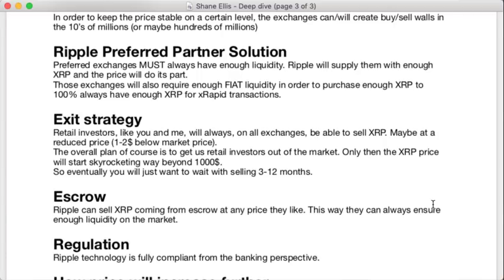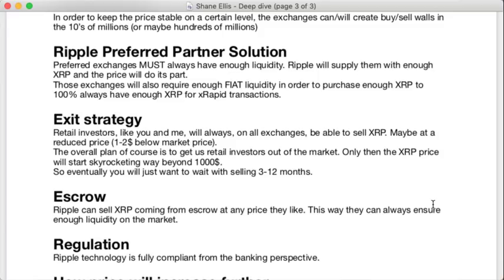That's why Ripple will supply them with enough XRP. And the high price will do its own in order to ensure that there is always enough liquidity available.